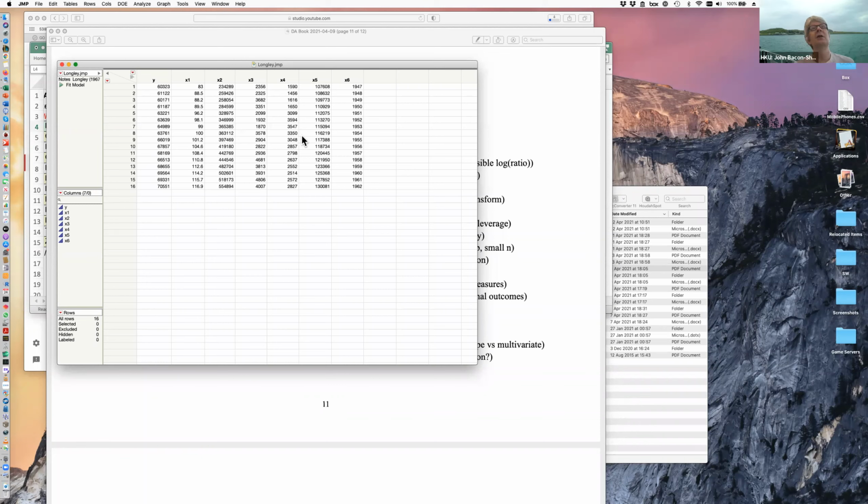And in fact, if you look at the data set, there are even worse examples. So if you look at x2, well, there perhaps the variance is not that large compared to the mean, but x5, yes, x5 goes from what, 107,000 up to 130,000. So again, the average value of x5 is about 120,000.